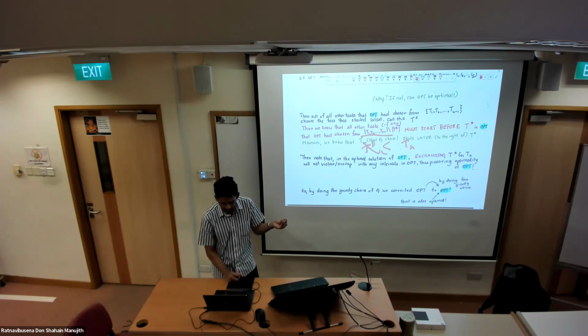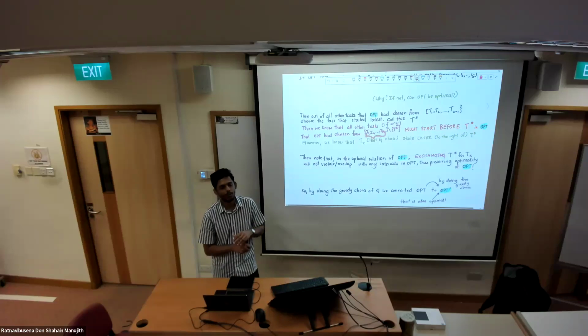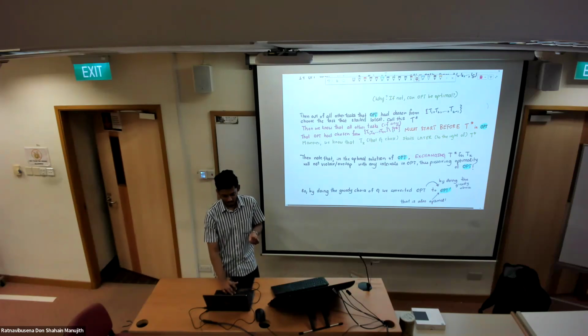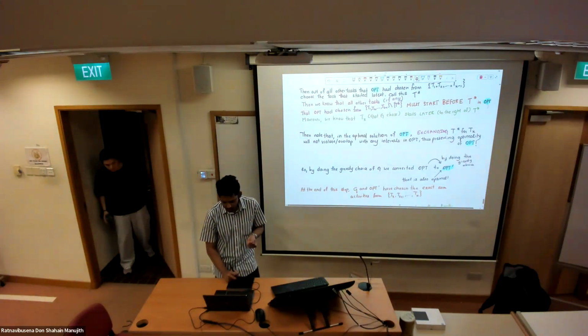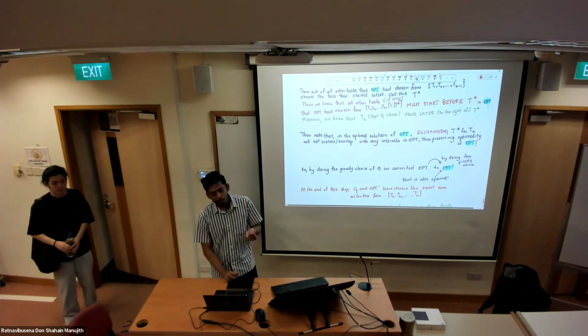If we remove T star and put Tk into the set, how can Tk violate the validity of any of the others? They must start before T star and Tk starts after T star. So by swapping T star with Tk, we will not hurt the validity. By doing the greedy choice of G, we converted OPT to OPT prime, and OPT prime is also optimal.